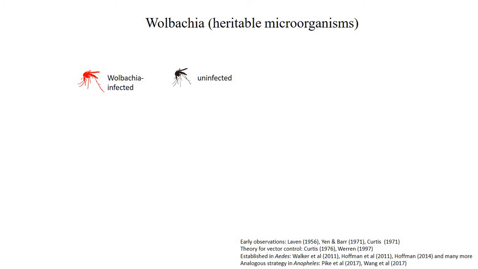Wolbachia is a heritable microorganism, and it's an example of cytoplasmic incompatibility. Wolbachia is a naturally occurring microorganism in many insects, but it is not found in most populations of Aedes aegypti, the yellow fever, dengue or Zika virus transmitting mosquito.